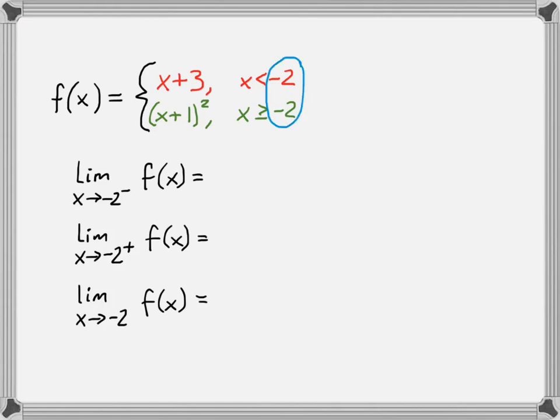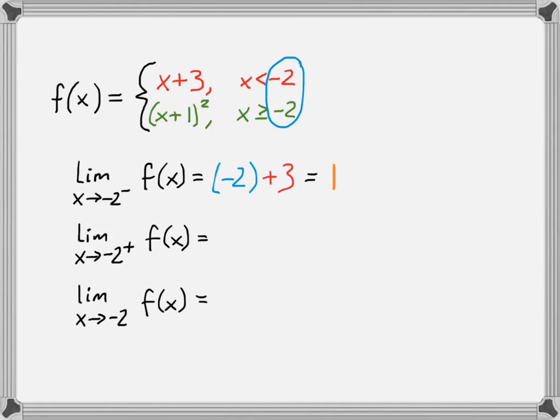Here we're switching the pieces of the function at x equals -2. Okay? And if I want to evaluate the limit as x approaches -2 from the left, I'll plug -2 into the left side function, and that would get -2 plus 3, which is 1.